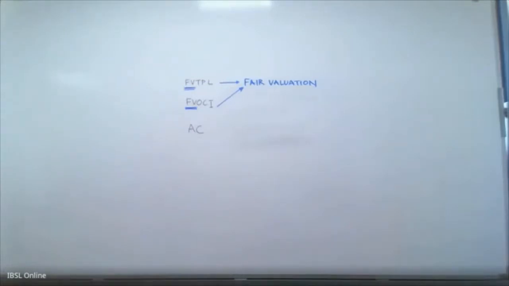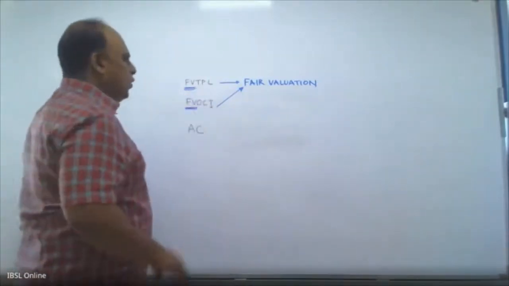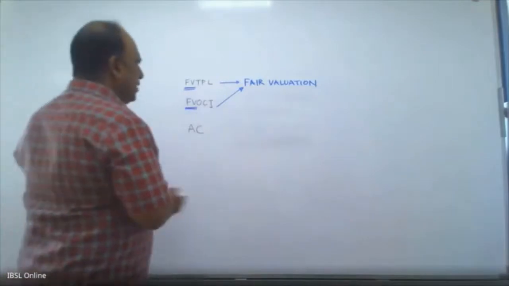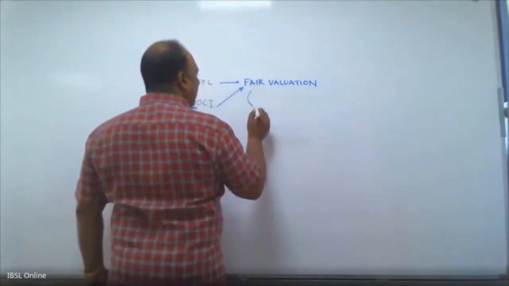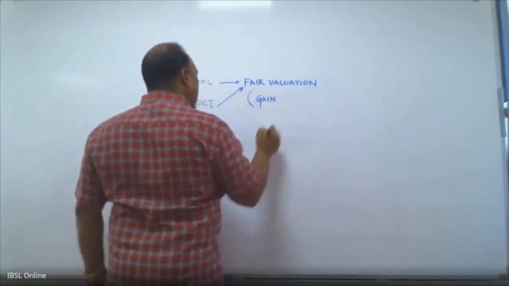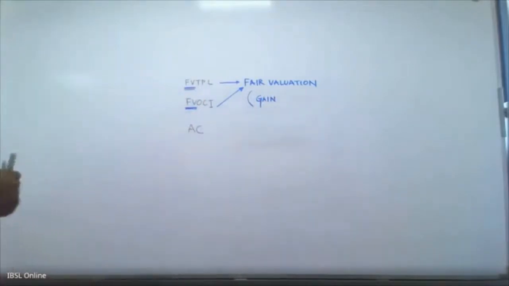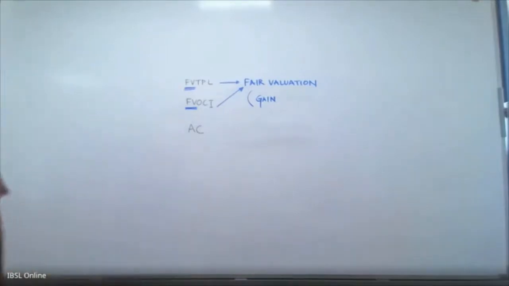As at the reporting date, you need to do a fair valuation for these two. So if you are doing a fair valuation, it covers the loss in value or probable loss in value, or it could be a gain also. It need not always be a loss. So when it comes to these two classifications of assets, it is covered by doing a fair valuation.